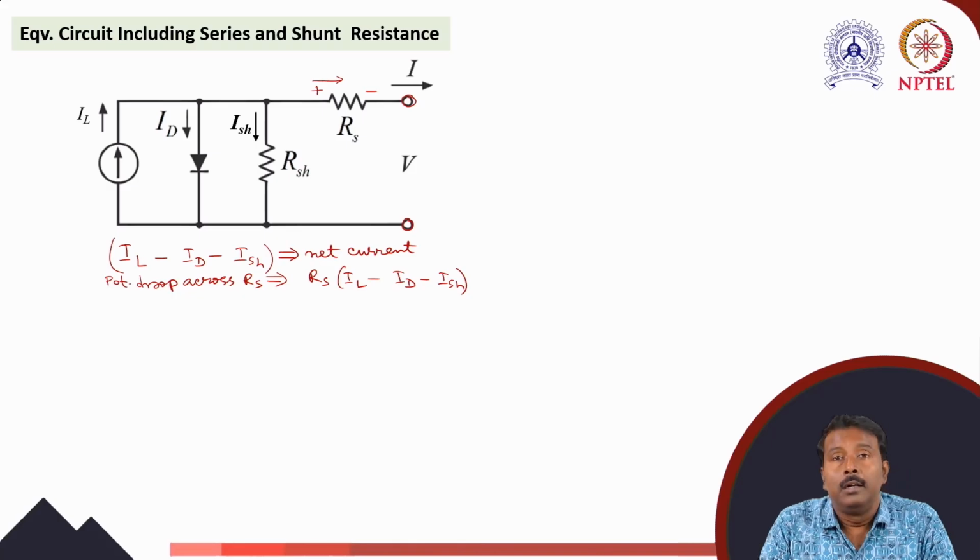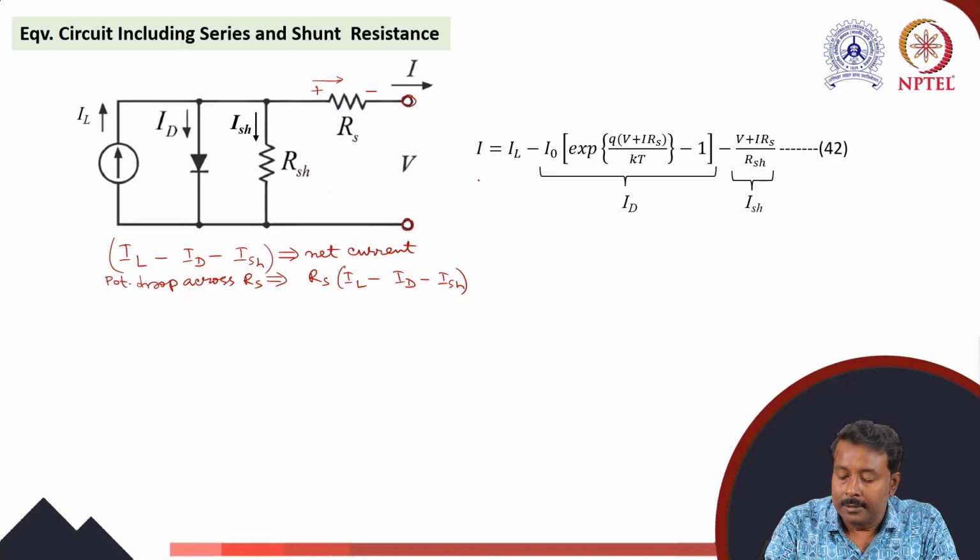So the equation for the current voltage relationship will be like this: I is equal to IL minus ID minus ISH.